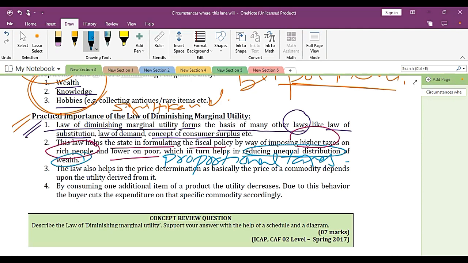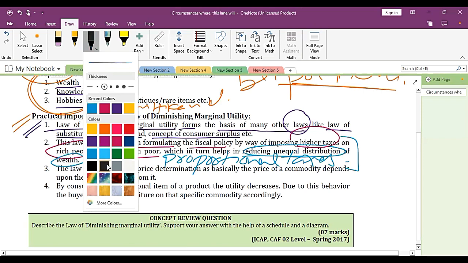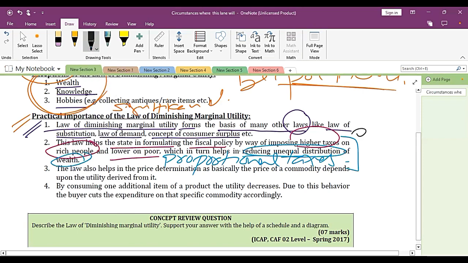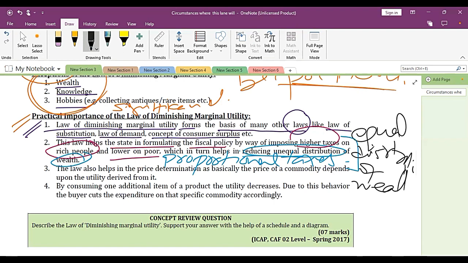This law helps in the equal distribution of wealth in the society. So, the unequal distribution of wealth can be easily curbed with the help of this law.